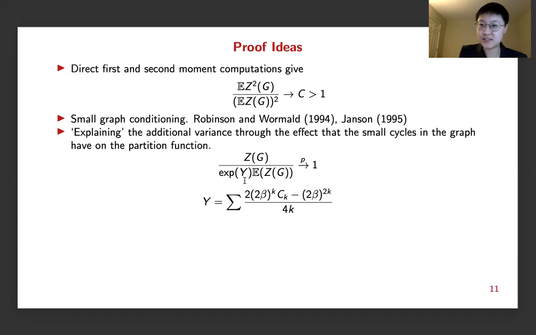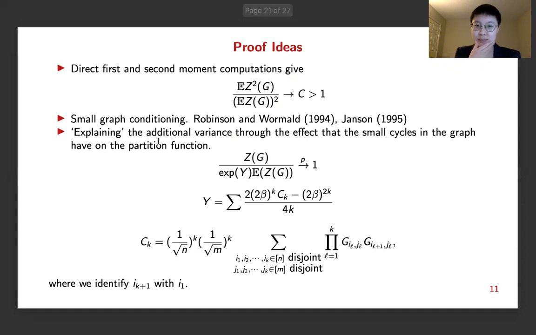Of course, the original small graph conditioning method is on graphs, but we have no graphs in the perceptron model. But we were able to come up with a dense analog of the small graph conditioning technique, and we were able to find this form of a generalized cycle count. This really equals a weighted sum of products of entries in the matrix, where these entries form a cycle in your matrix.